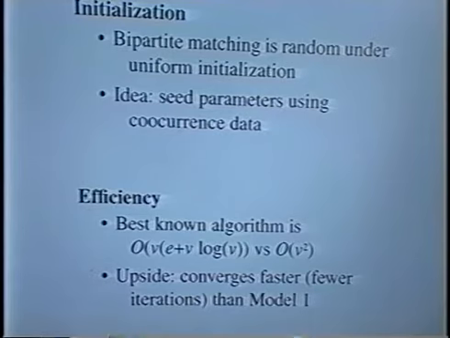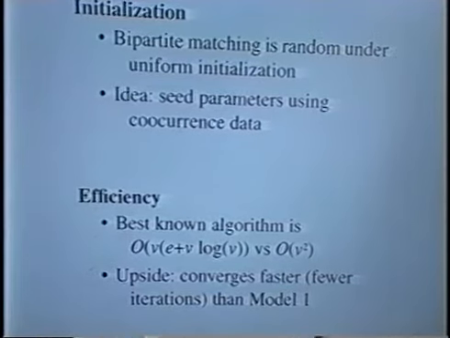The simplest method is just to run an iteration of Model 1 and get initialization data from that. But we could also use dictionaries and cognates to do this, or any one of a number of different statistical methods. And the second issue is efficiency, because this is a harder problem than merely collecting co-occurrence counts. It has a higher big O complexity, but the upside is that it converges faster, in fewer iterations.